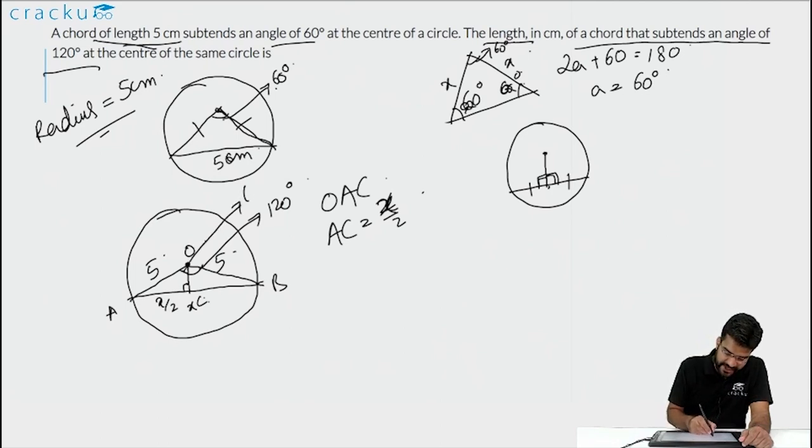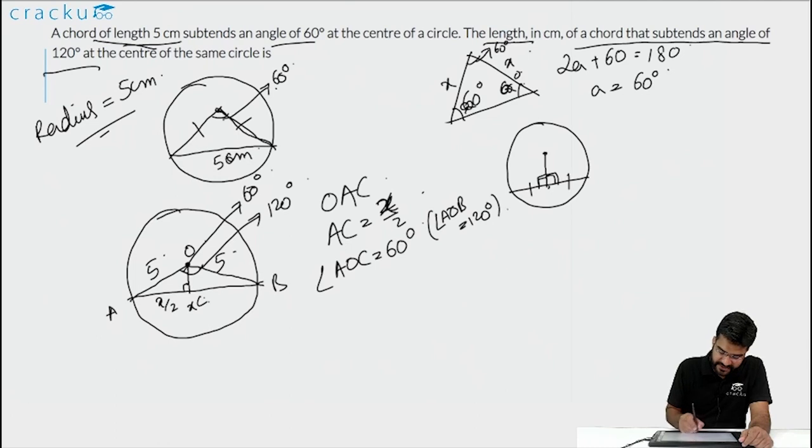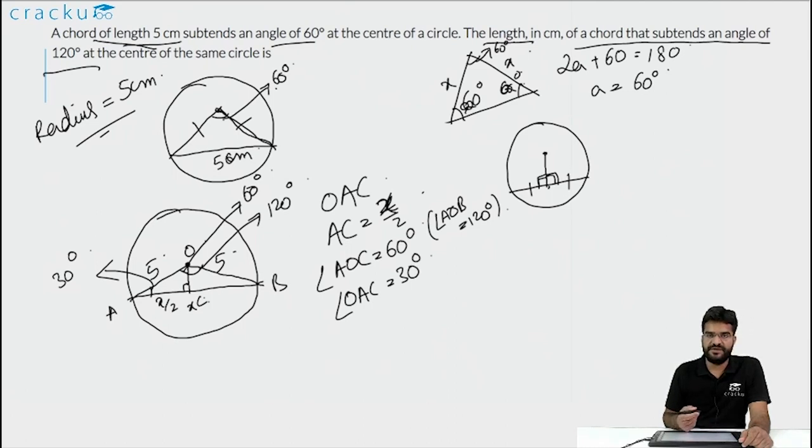We know that the angle is bisected. So angle AOC is 60 degrees, because the bigger angle, that is angle AOB, is equal to 120 degrees. Therefore we can infer that the other angle is 30 degrees, because this is a right angle triangle. What is this angle? This angle, angle OAC, is equal to 30 degrees. Now you can easily find out the value of x by 2 in multiple ways.